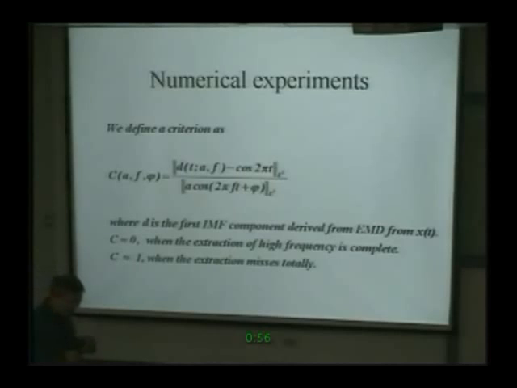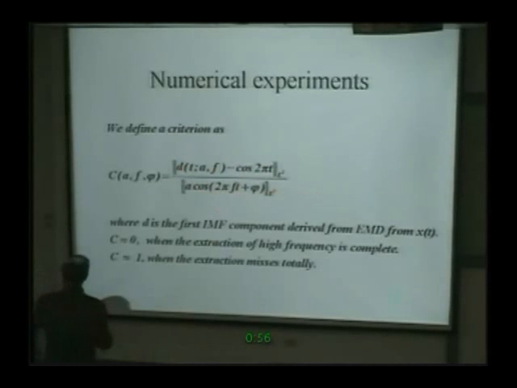If this is 0, that means I successfully brought out the high frequency. If it's 1, that means I totally missed the high frequency, and it becomes the low frequency component.